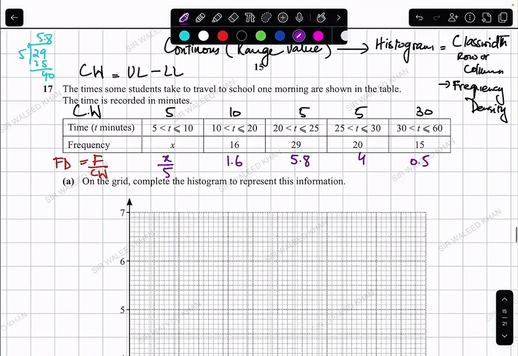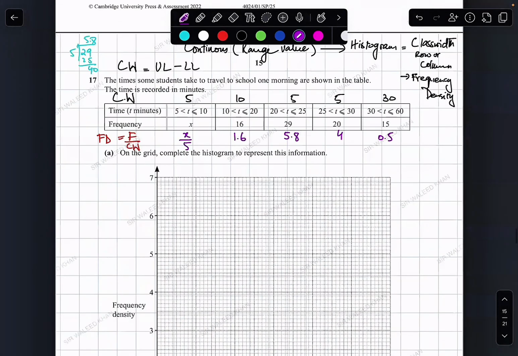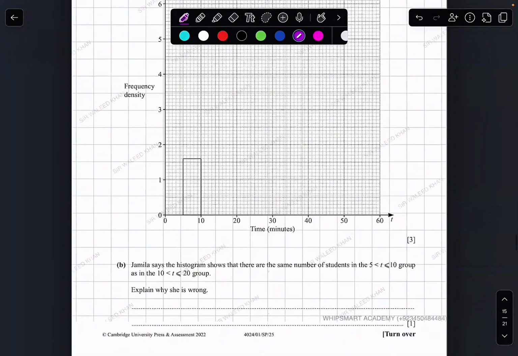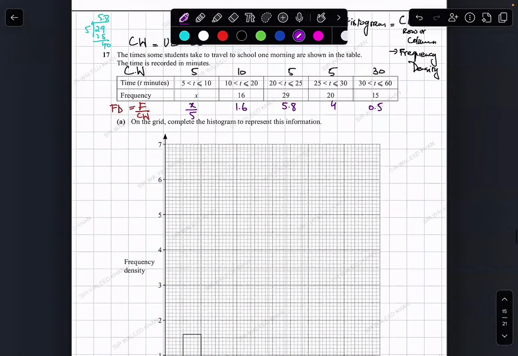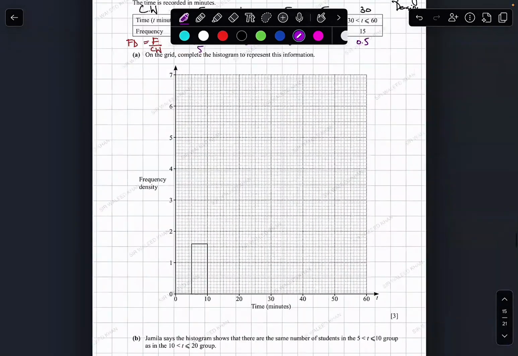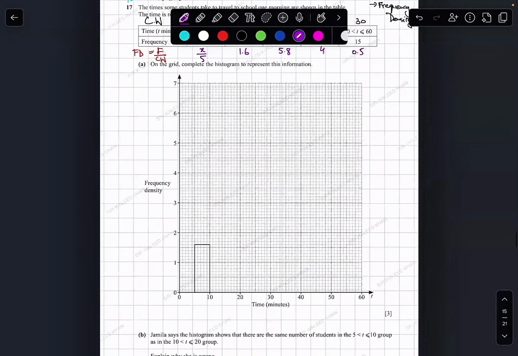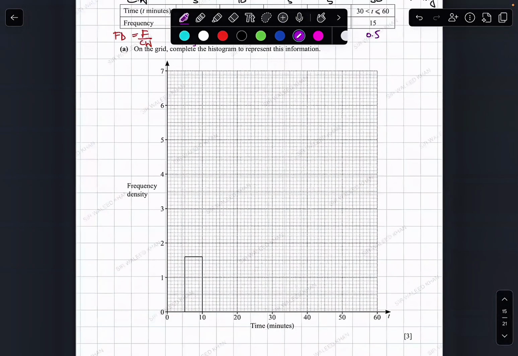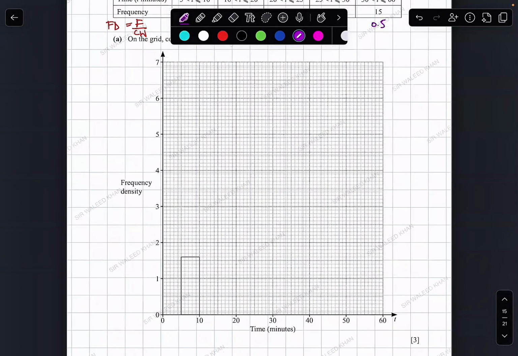Okay. Now, I can represent all this data on the histogram, but they are saying one thing. What is that? I have to complete this diagram. So let's do that first. The first one, they have drawn it for us. That means the frequency density is 1.6.